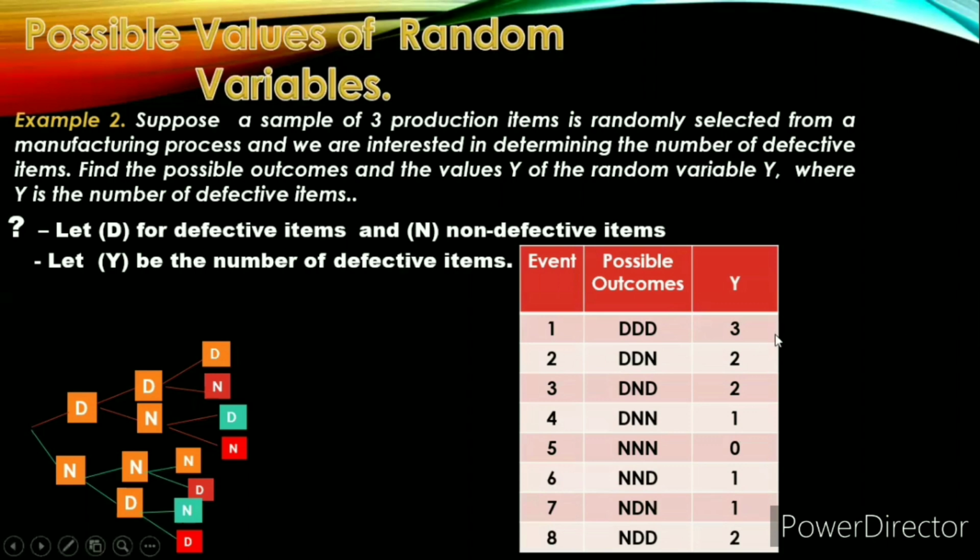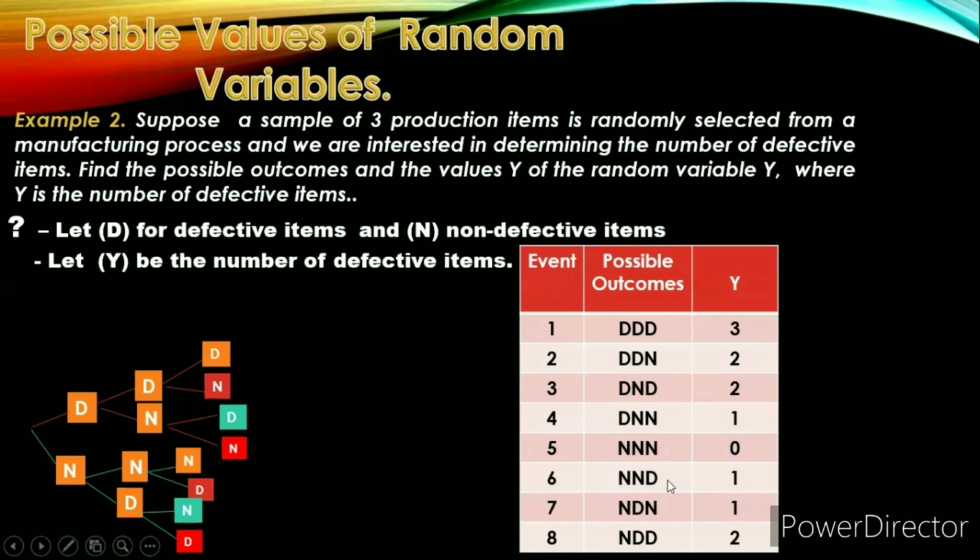So, our Y is 3. Another is D, D, N. So, may dalawang D, so Y is 2. We have D, N, N, 1. We have N, N, N, walang D, therefore 0.